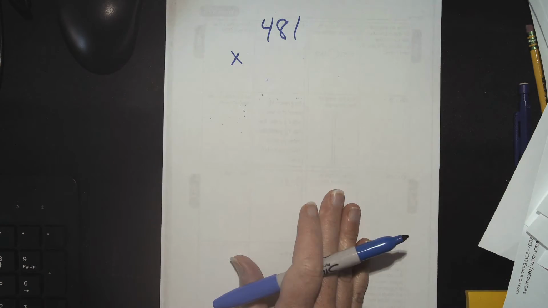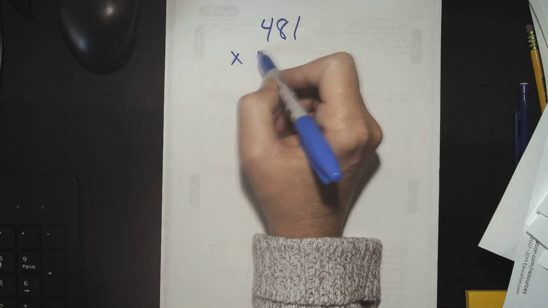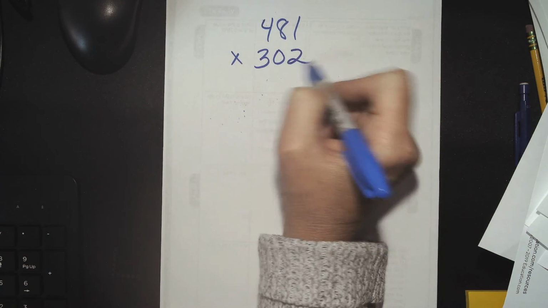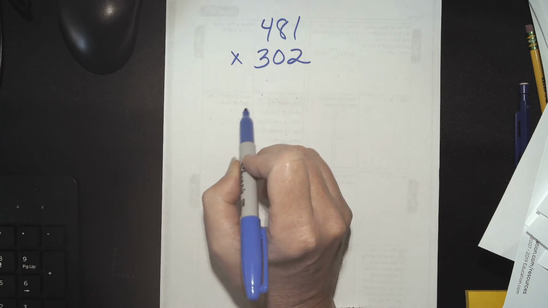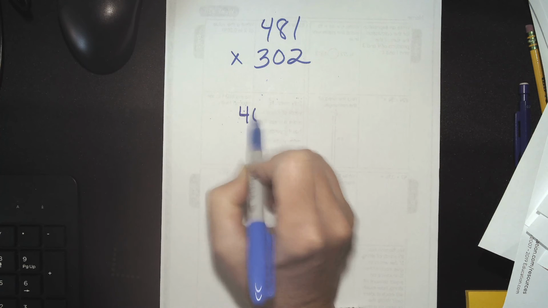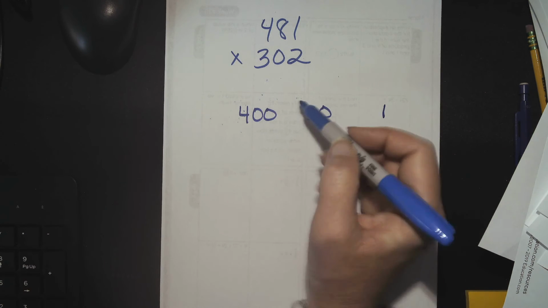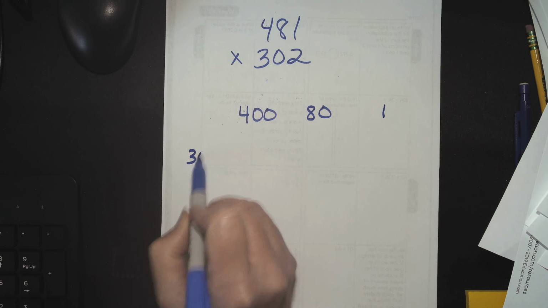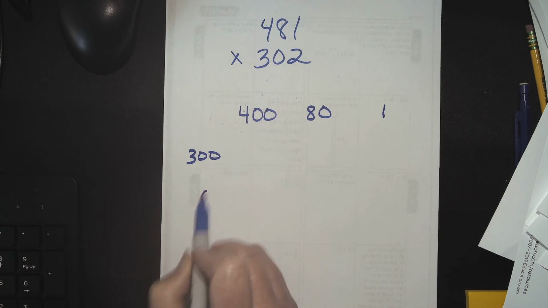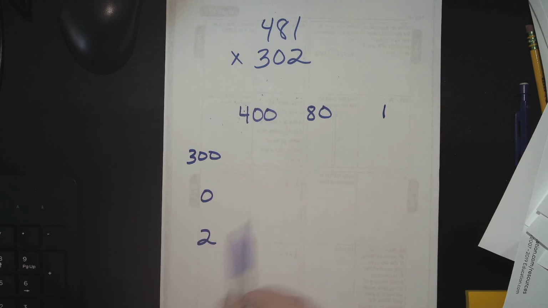Okay, 481, same number on top, times 302. Okay, so area model, I have 481, and by 300, nothing, and 2.